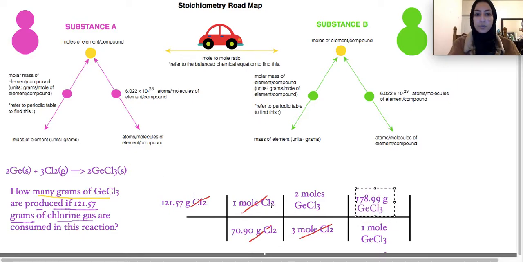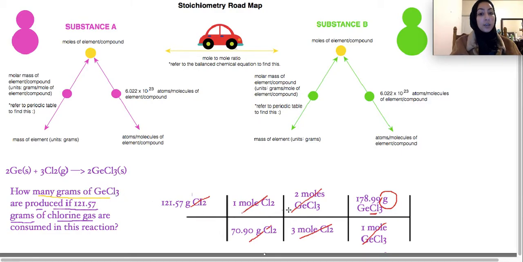So again, the beauty in working diagonally is that these units here will cancel out with these units here. Can I stop here? Well, I end up with grams of germanium chloride. What is my question asking me for? Grams of germanium chloride. Okay, so I'm going to stop here.